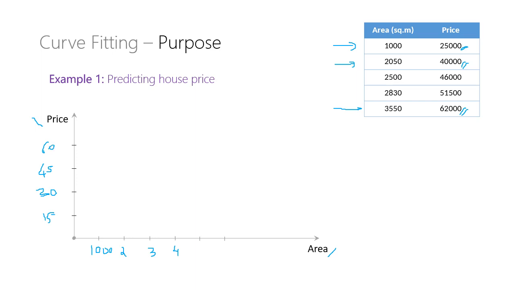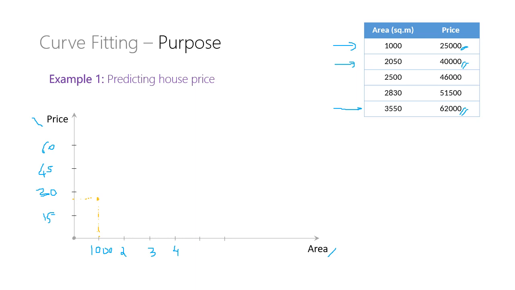Now your friend plots the data that is given in the table. So let's say for 1000 square meter the price was 25,000. So maybe somewhere here, that is the first data point.